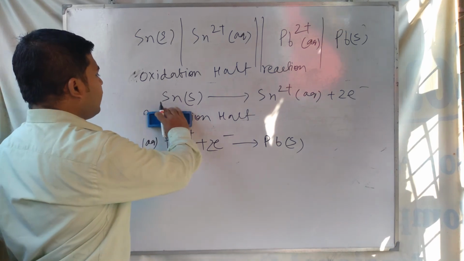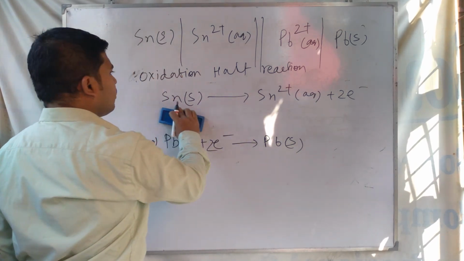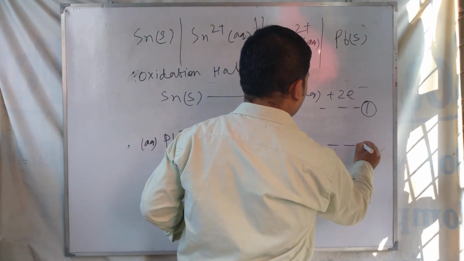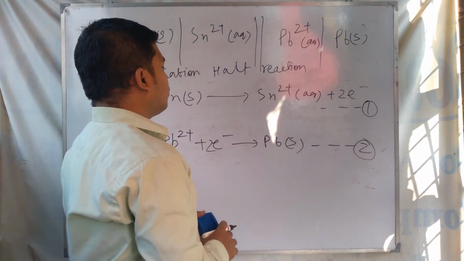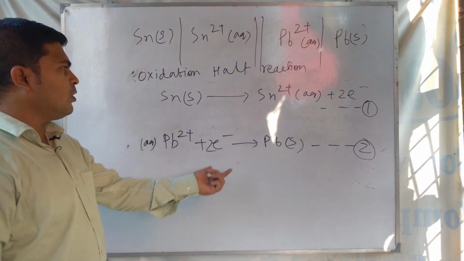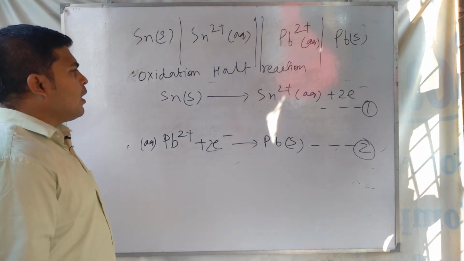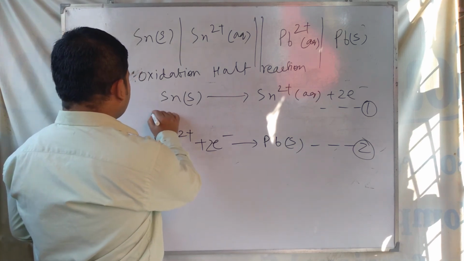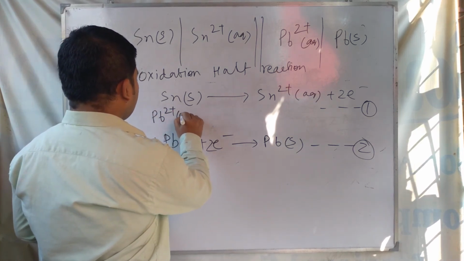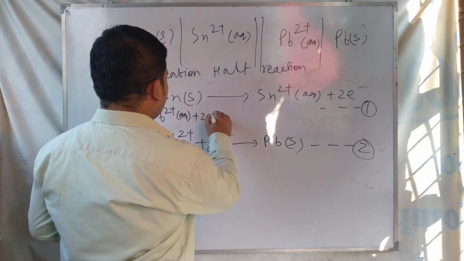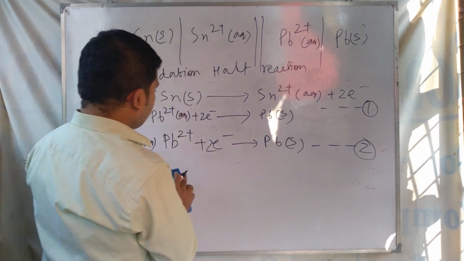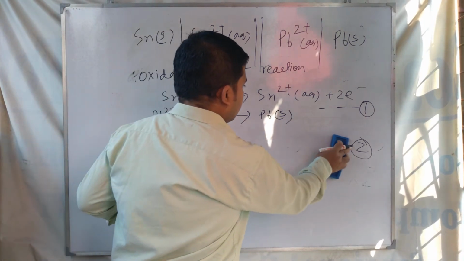We see here in equation number 1 and equation number 2, 2 electrons are present, an equal number of electrons. So right now we add these two equations. Lead 2 plus aqueous plus 2 electrons to lead solid. I am writing this equation once again.